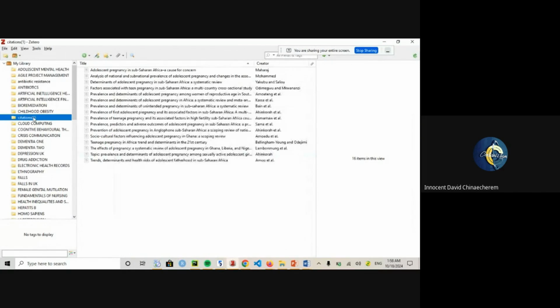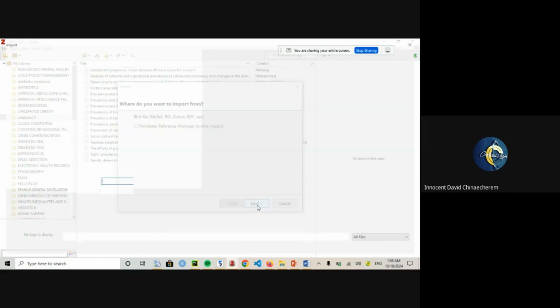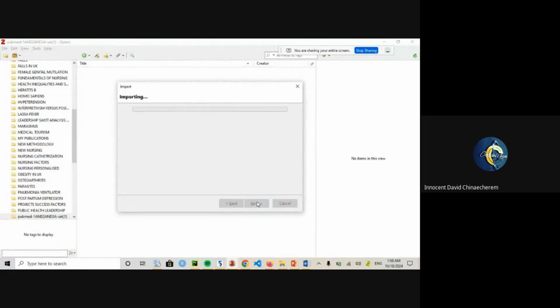All your files are imported. Now, if you still want to import more files, you still have to click on file, import, next. You click on PubMed, you click on next. So it's imported.